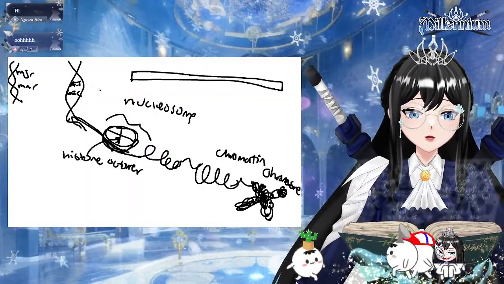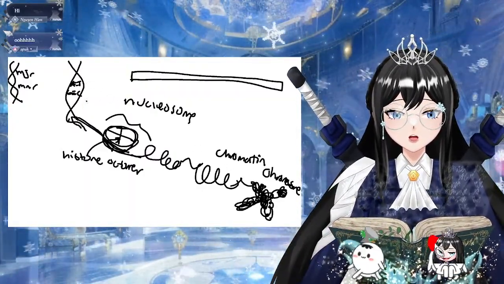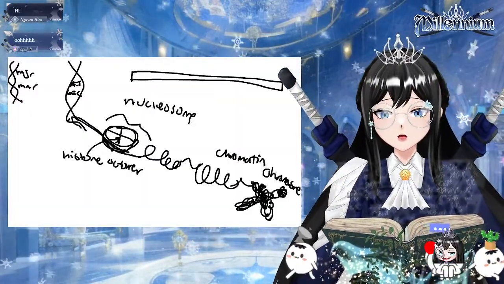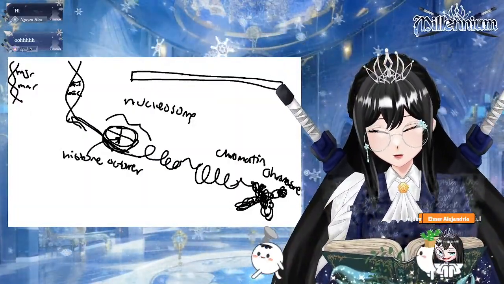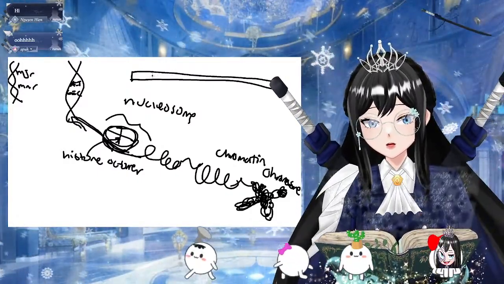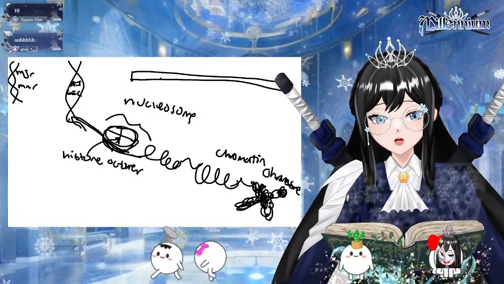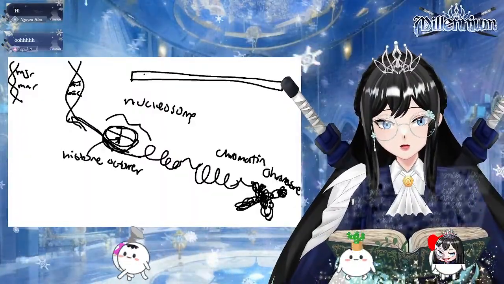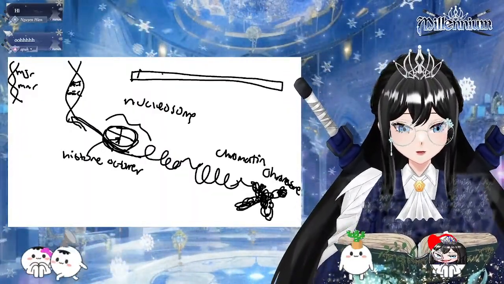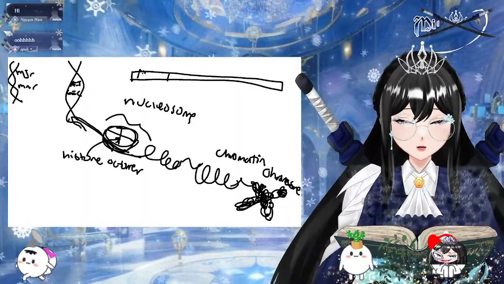That's how you go from this squiggly DNA. You wrap until you get this. And then when people talk about genes, that's just a specific section of this whole long line. For example, you have genes for your eyes and all that.